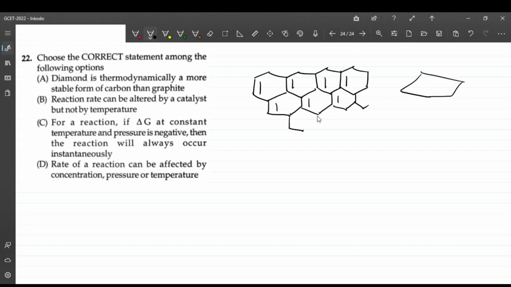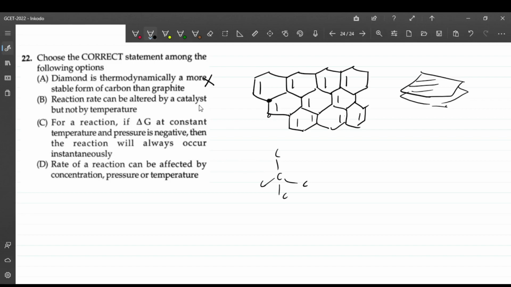This sheet of cyclic structures will be in one plane, and these planes will be stacked one above the other, right? There is a carbon-carbon double bond. So graphite is thermodynamically more stable than diamond. Carbon-carbon single bonds are there in the network structure of the diamond. So this answer is incorrect.